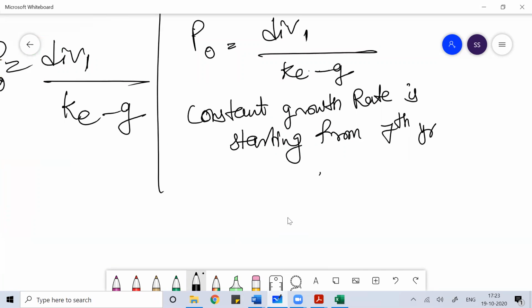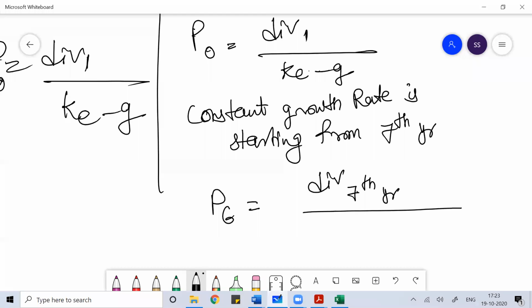So if I'm writing the dividend for the seventh year, it will give me the price for the sixth year. The dividend for the seventh year divided by k minus g2 will give you the price for the sixth year.